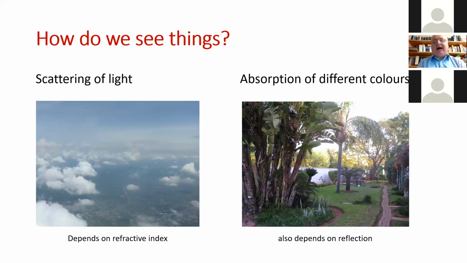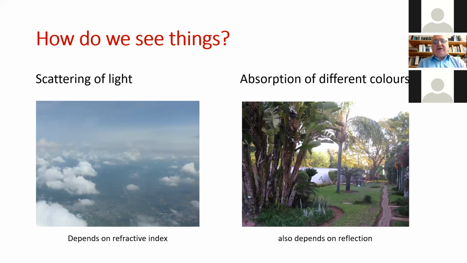The scattering of light depends on the refractive index difference between the droplets and the surrounding medium, the air. The colors depend on absorption of particular materials, but it also depends on reflection, and that can be quite a complicated interplay of what is happening.